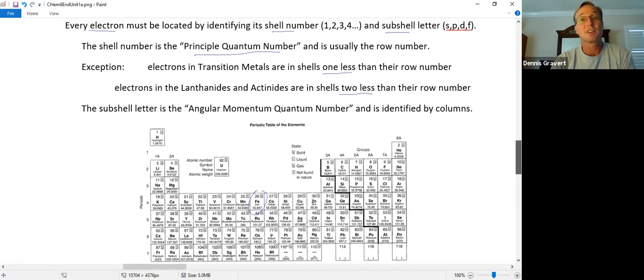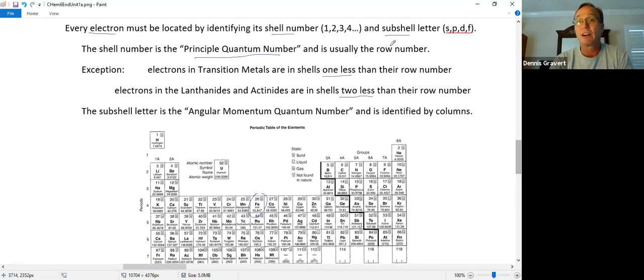Principal quantum number is the shell number. Subshell letter, well, the sciencey term for that is the angular momentum quantum number. And then to get that from the periodic table, identify your columns. It turns out that for the alkali metals and alkaline earth metals, the last electron is going into the S subshell, the one that looks like a sphere.